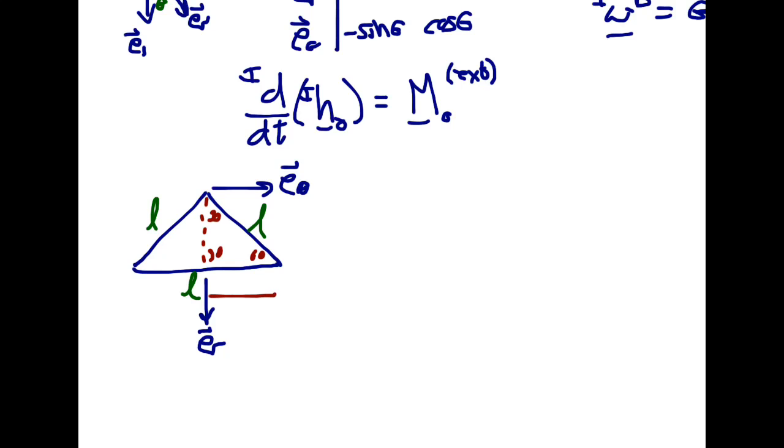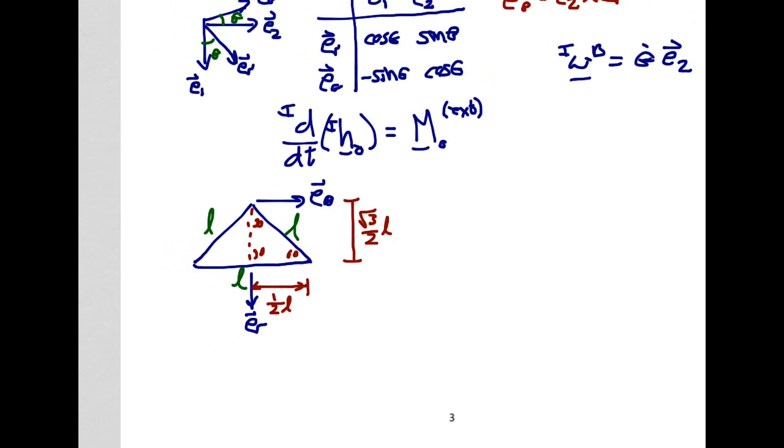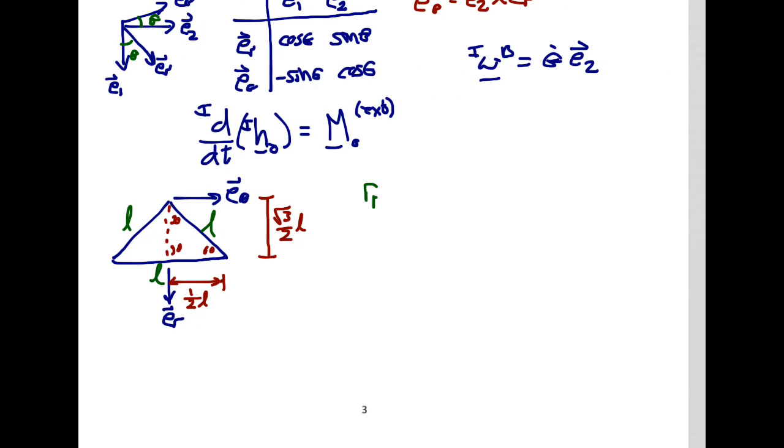And so that means this dimension is going to be 1/2 L, and then the E_r dimension, this vertical dimension, is square root of 3 over 2 L. And so with this we can write the position vector r_P with respect to O as the square root of 3 over 2 L in the E_r direction minus 1/2 L in the E_theta direction.